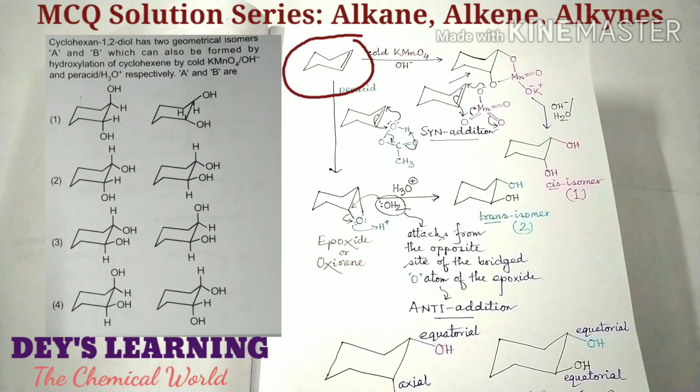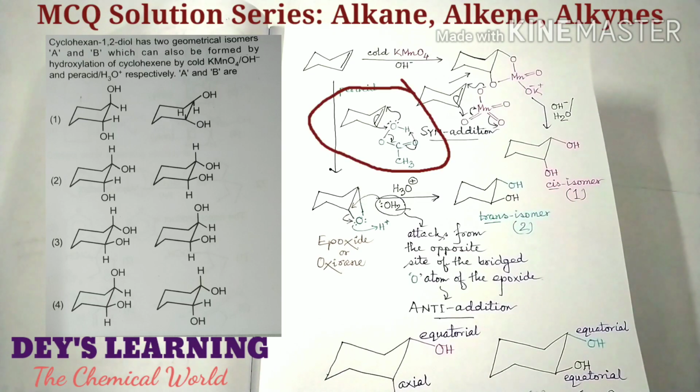And if we treat this cyclohexene molecule with a peracid, this epoxide is formed, and we can write the epoxide formation process in this way. So the peroxy oxygen attaches to the double bond from either side of the double bond, and this epoxide is formed.